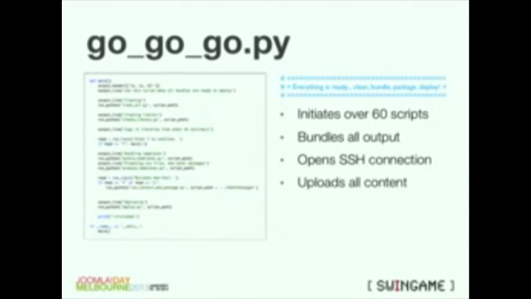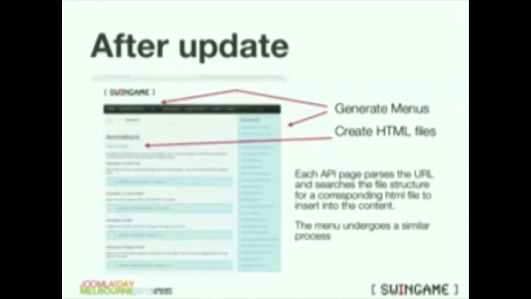It then bundles all the output for every single tutorial, every single Swingame package that you can build and run. It opens up an SSH connection from his terminal to the server and uploads the whole thing, and the whole thing is updated. So after the update, we've got new menu items in the database.